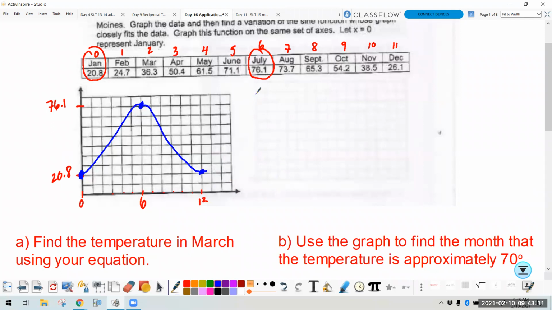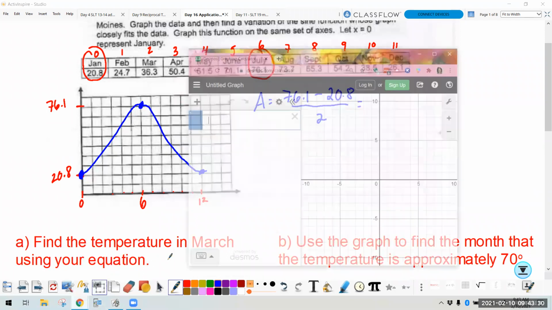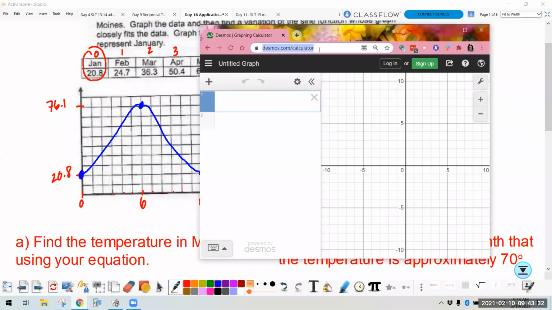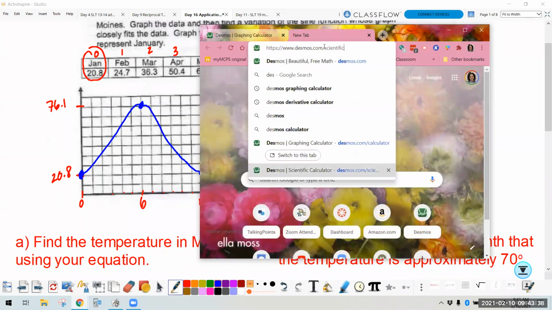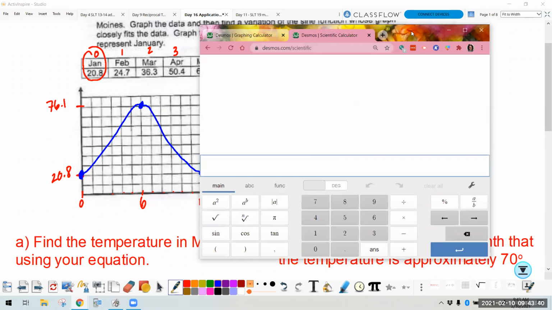So now we have to find all the A, B, C, D values for our equation. So the amplitude, we can find the amplitude by taking the maximum minus the minimum and dividing by 2. You can use a calculator for this. I'm going to pull up the Desmos calculator. That's the scientific one.